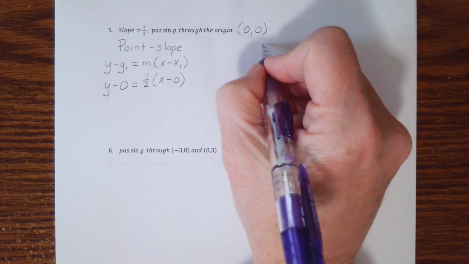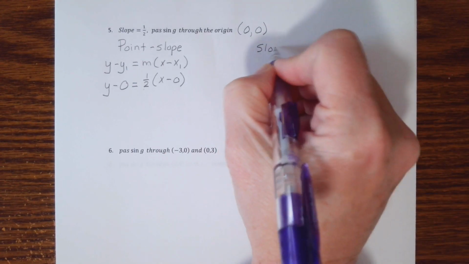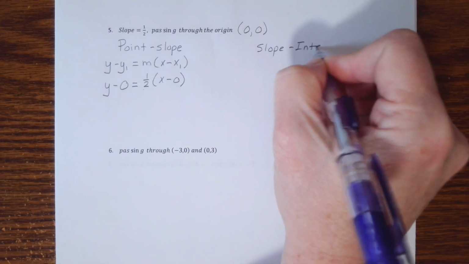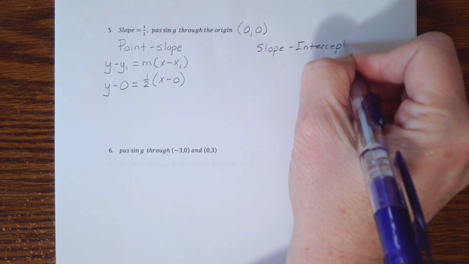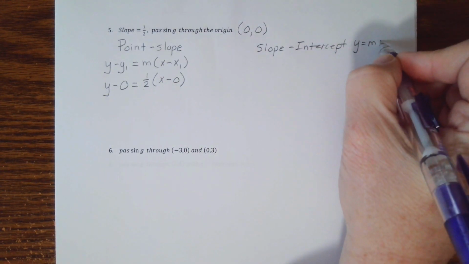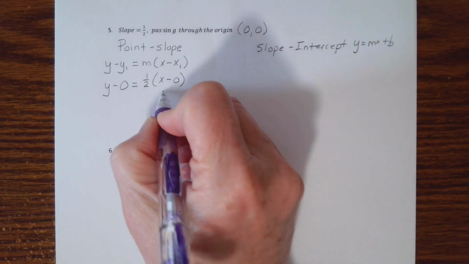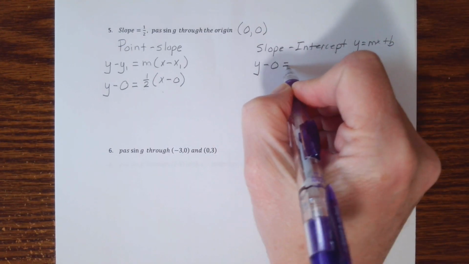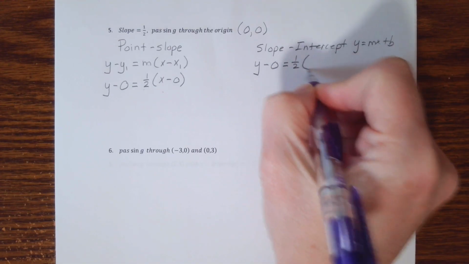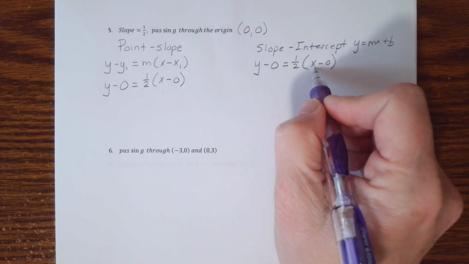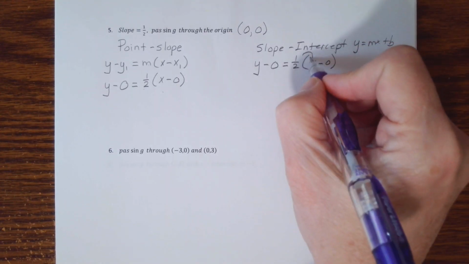Okay, well, let's do the slope intercept form, which is y equals mx plus b. So I'm going to use this. I'm going to go y minus 0 equals 1/2 x minus 0. I'm going to distribute first. So 1/2 times x.